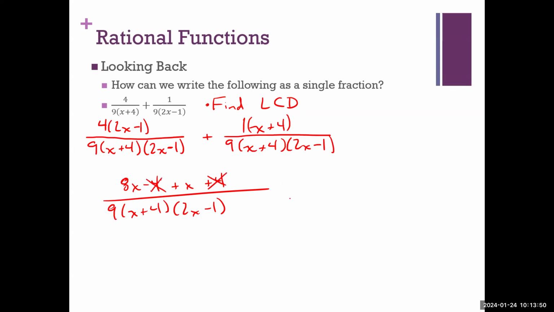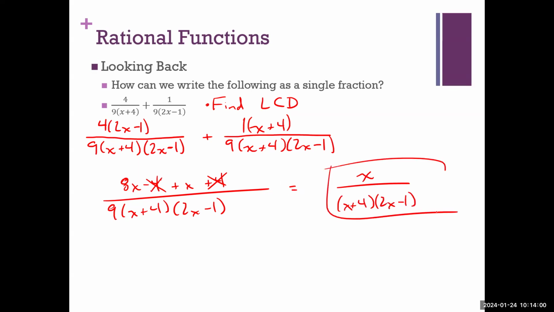So these cancel, then I get 9x over 9. So all told, I get x over x plus 4 times 2x minus 1. So maybe not something you've done all that recently, but probably something you've done, right? So any questions on how to go that direction?